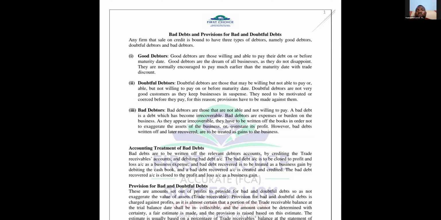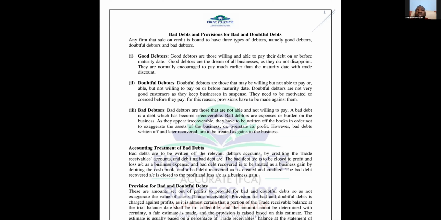They will surely pay you, maybe before the debt matures or on the date of maturity of the transaction. So that's a good debtor.